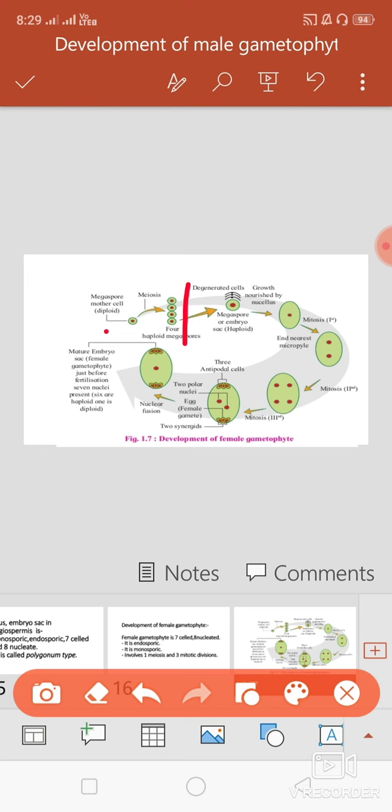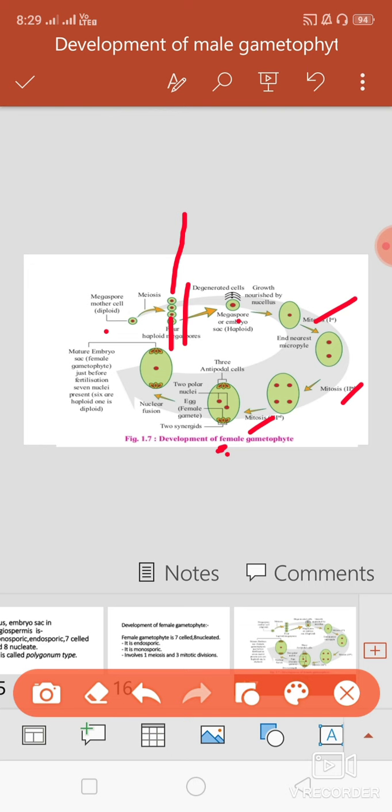Out of the 4 megaspores, the megaspore toward the chalazal end becomes functional, and the remaining 3 degenerate. This functional megaspore undergoes 3 successive mitotic divisions to form the 8-nucleate structure.